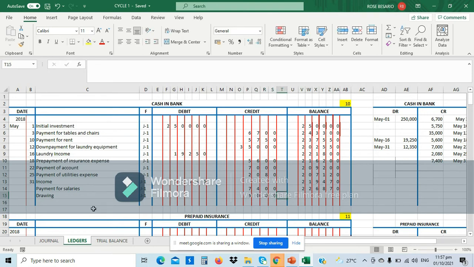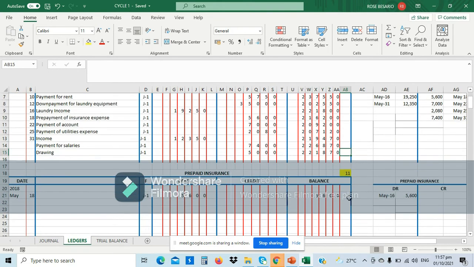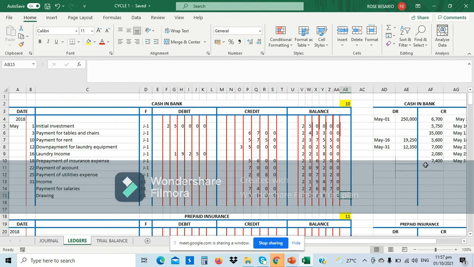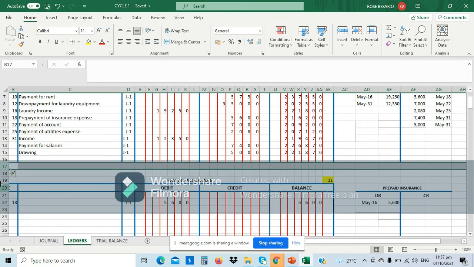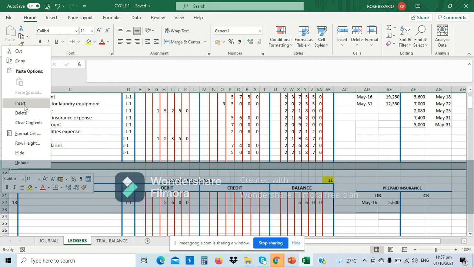Then, extend, so minus 5,000, so this now is 221,870. Hope we did not commit an error in getting the balance. I'm not using a calculator. So in the T account, you post 5,000. May 31.